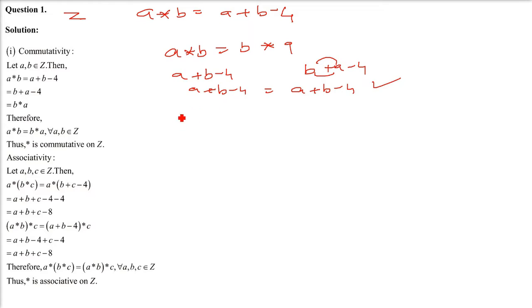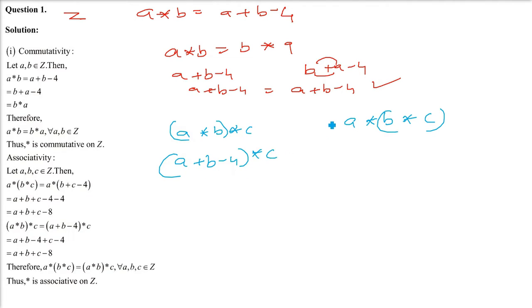In associative, what does it mean? It means whether A star B star C equals A star B star C, when AB is done first and when BC is done first. A star B is simply A plus B minus 4, and then we do it with C. Here we'll have A star, and this will be B plus C minus 4.